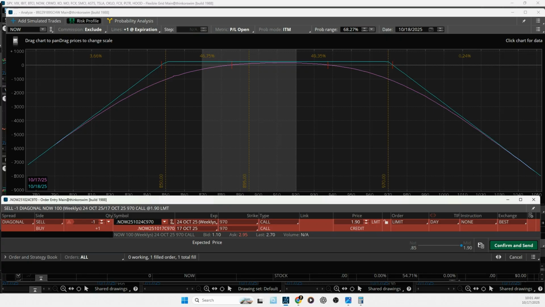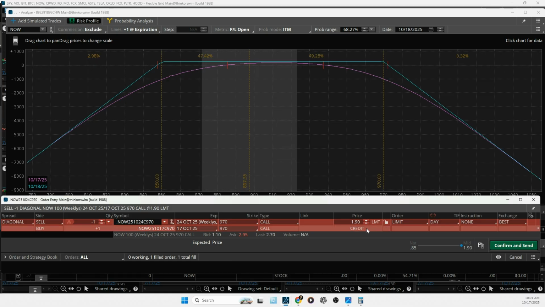Roughly a $160 profit, and then I would close that, and I'd buy another one closer. Although actually, the way it's set up right now, I'd be selling another one. So I'm buying to close here, and I'd be selling to open another one. But the way it's set up right now is a week from now. But I don't want that.